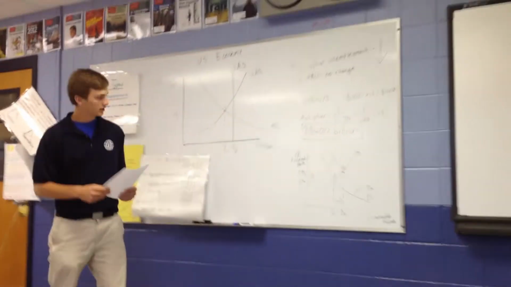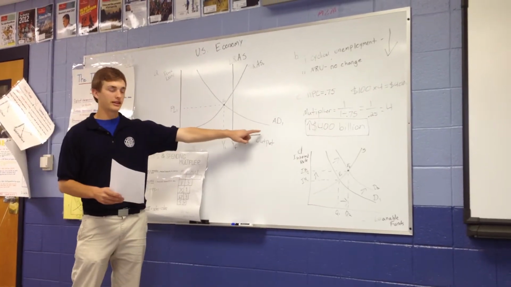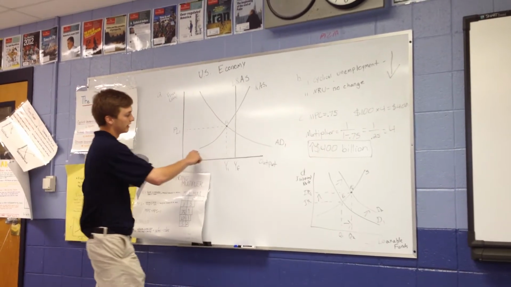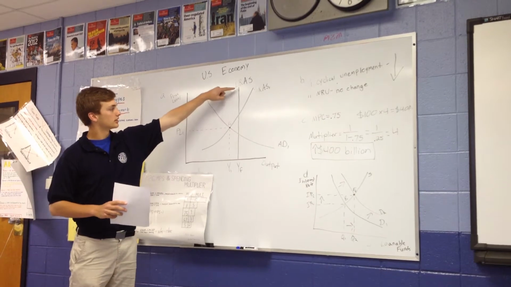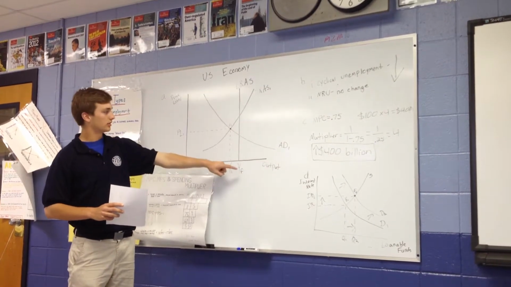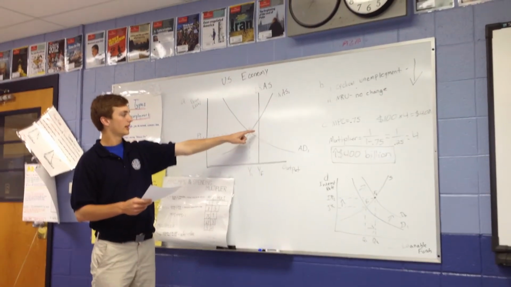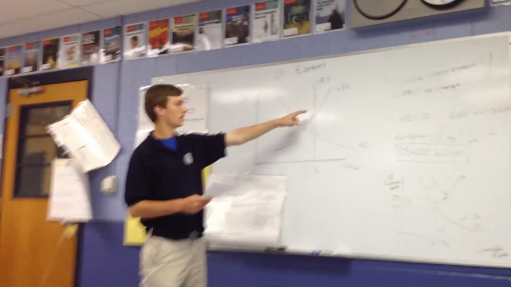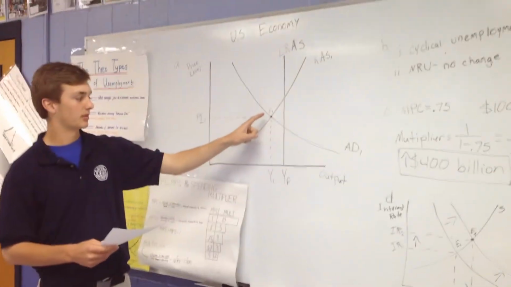Okay. First, we're going to start with aggregate demand. So here we have the aggregate demand, and that's downward sloping. And then we have the short run aggregate supply is upward sloping right here. And then the long run aggregate supply is just vertical. Since the economy is under full employment, the crossing between SRAS and AD is to the left of the long run aggregate supply.